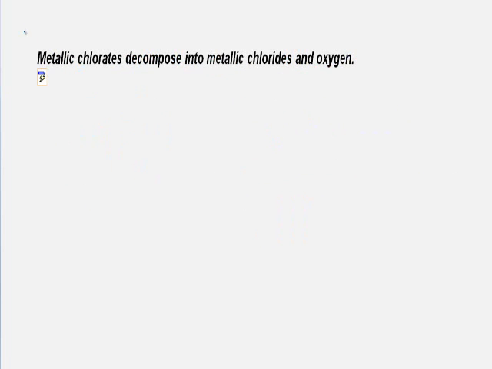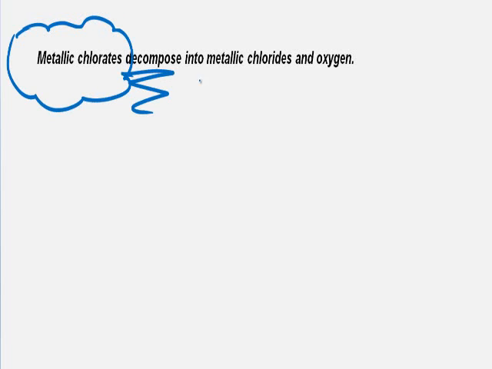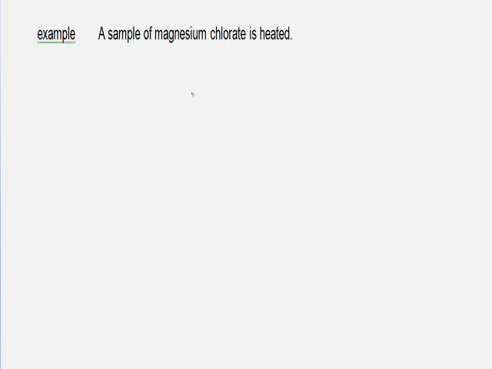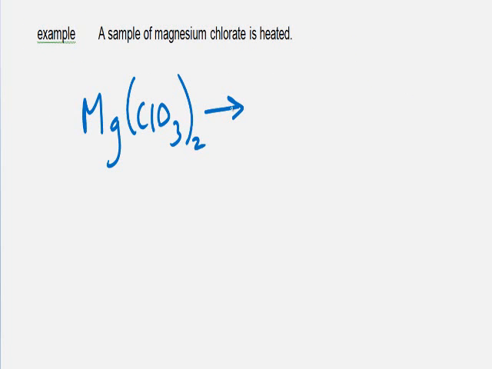Another decomposition is we have something known as a metallic chlorate. Those will decompose into a metallic chloride and elemental oxygen. In our example, magnesium chlorate, this is Mg(ClO3)2. If that's heated, it's going to decompose into a metallic chloride.